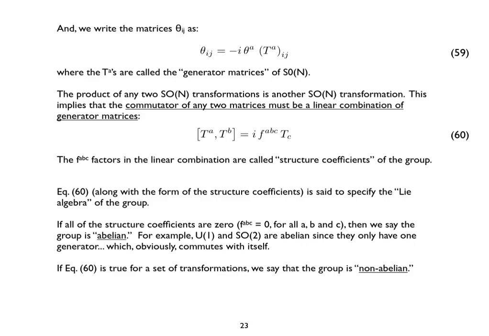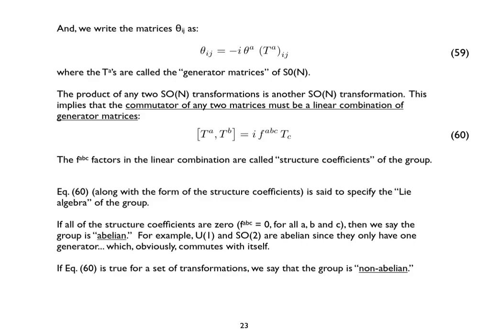You can write down an equation that tells you that if I rotate with A first and then B, or B first and then A, I'm going to get something proportional to a single transformation matrix.